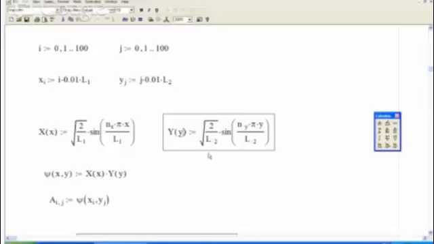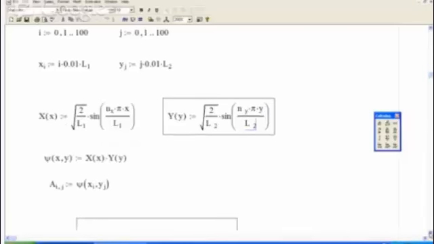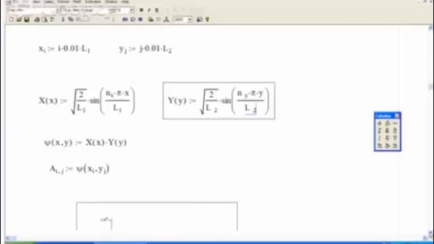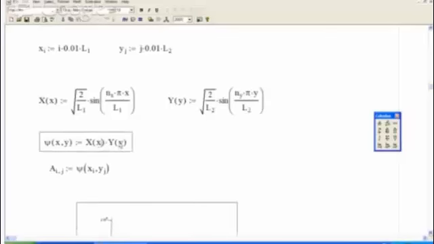And here's our definition of the y component of the wave function, the square root of 2 over L2 times sine n sub y times pi times y divided by L2. And we said that our wave function psi is a product of a function of x, so big X of x, times a function of y.